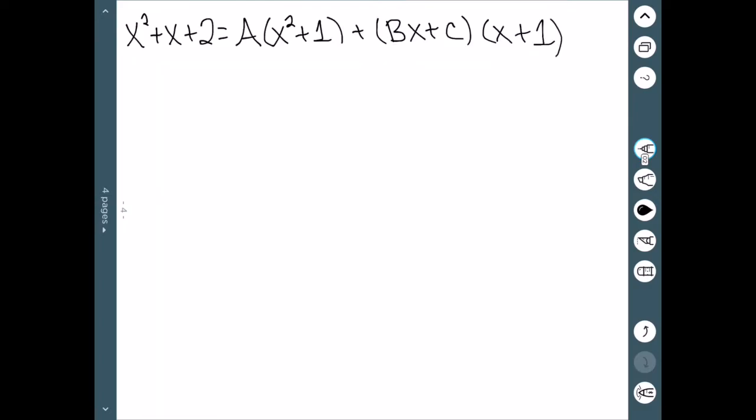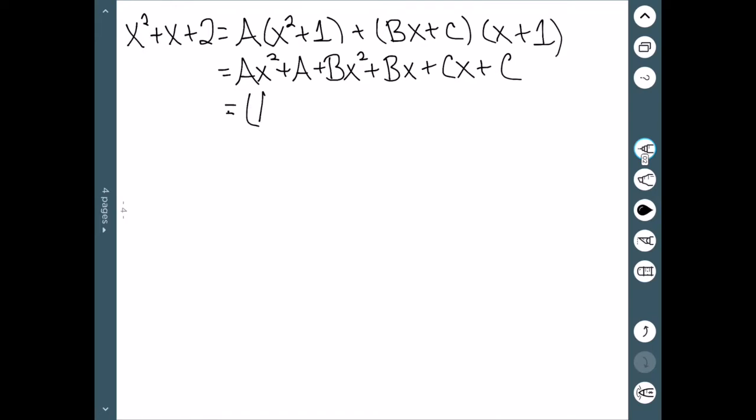When we multiply out the right-hand side, I get ax squared plus a. I then have bx squared plus bx plus cx plus c. Grouping things, I have an a plus b, x squared. For my x's, I have a b plus c, x.